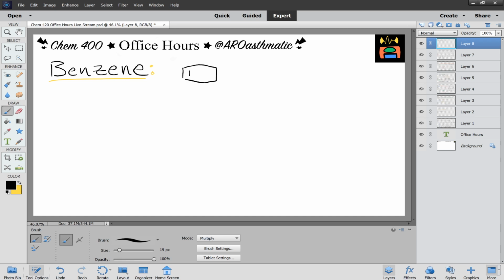It is a 6-carbon ring with alternating single and double bonds with the chemical formula C6H6. So this is the molecule benzene. But whenever you see that structure as part of a molecule, you can say, oh, there's a benzene ring in that molecule. I just mean that there is a piece like that as part of another molecule.